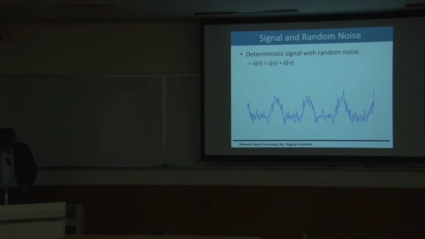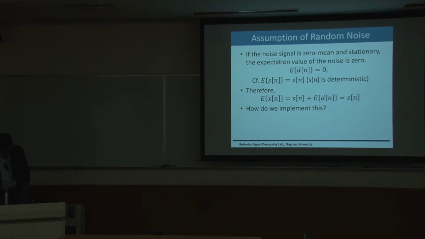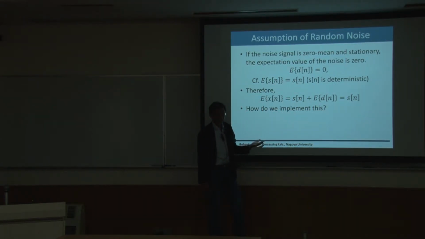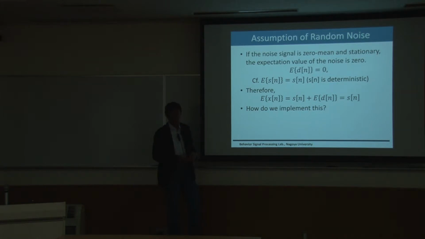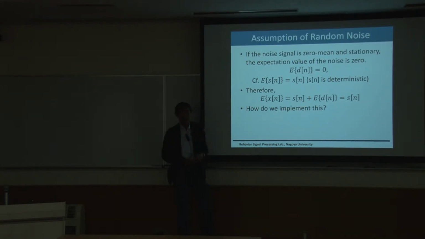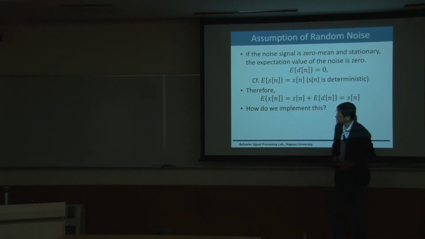So I will talk about two or maybe three very, very easy and efficient ways to eliminate this kind of random noise. The key idea is the assumption that the average of the random noise is 0. It cannot always be the case, actually, but assuming this gives you a very simple way to eliminate noise. And actually, you can convert the signal so that the error component's mean becomes 0.